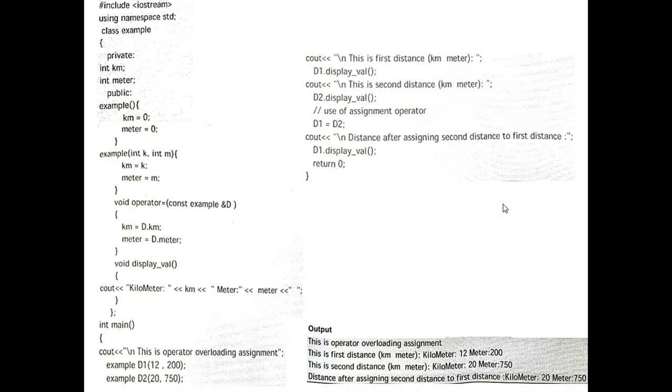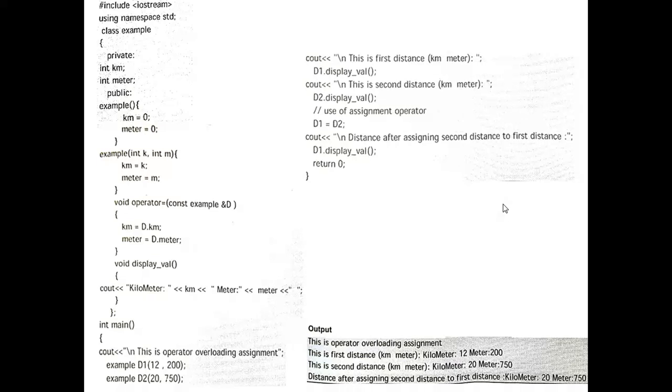Now we have written int main, and in main we have written one cout, display operator overloading assignment. Afterwards, we have created objects of class Example, that is D1 and D2, and in D1 we are passing the values 12 and 200, and in object D2 we are passing the values 20 and 750.